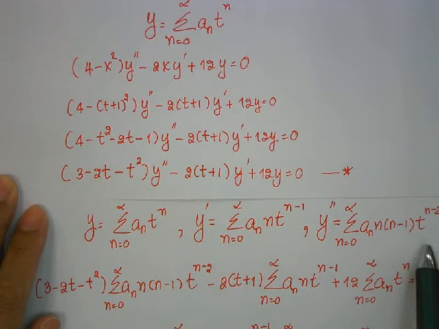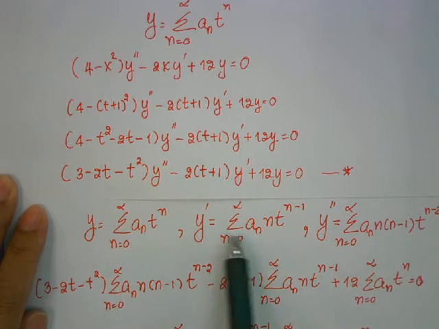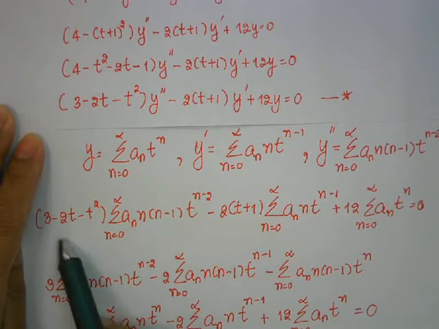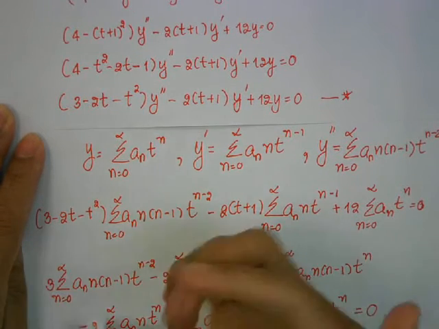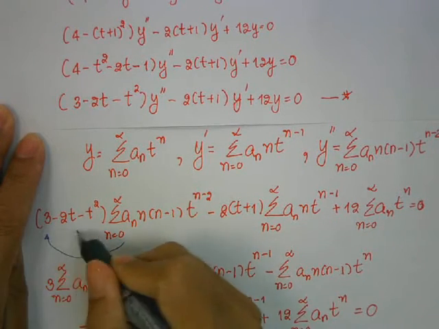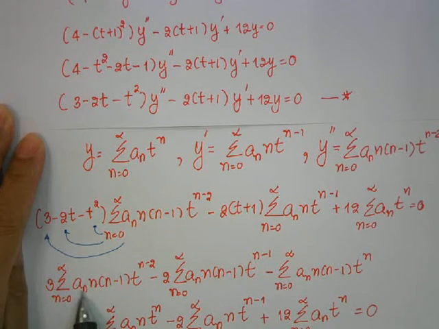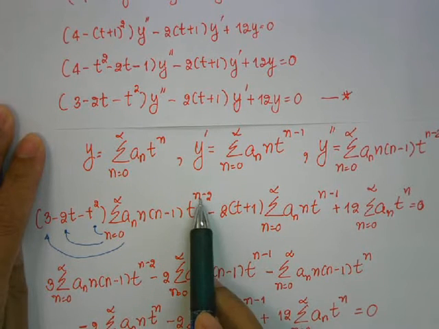Then I put all terms into my differential equation, so we get this equation. And then I distribute each term there. So the first term is 3 times the summation of a_n times n times n minus 1 times t to the power of n minus 2.